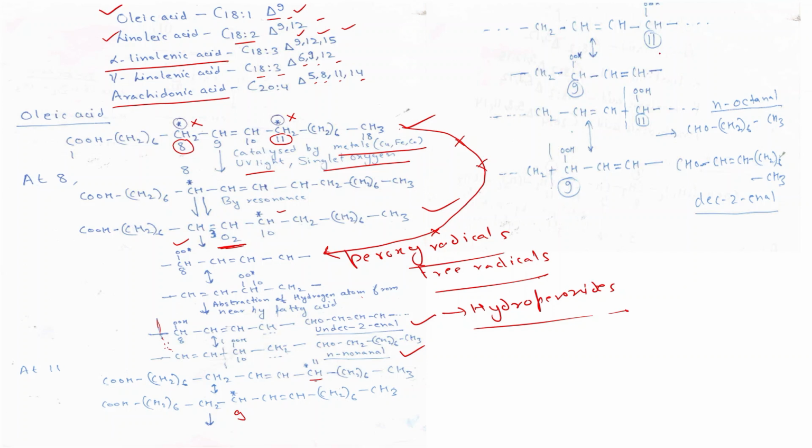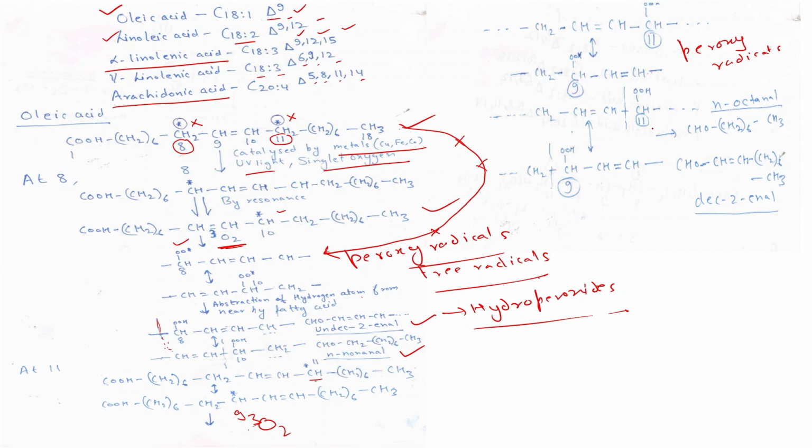First, by attack of the triplet oxygen, there is formation of peroxide, as it happens here also. The peroxy radical formation will be there, and then it will again abstract the hydrogen atom from the nearby unsaturated fatty acid, and then we will have the hydroperoxide.